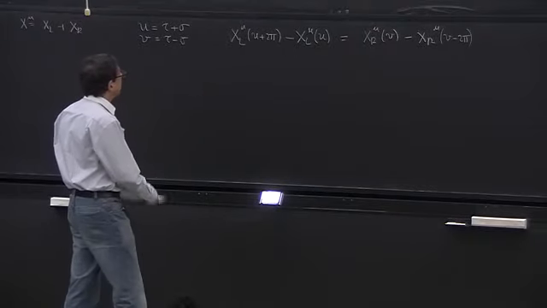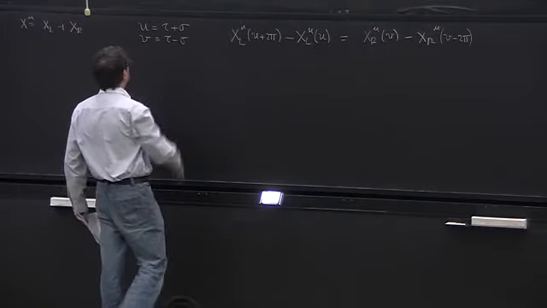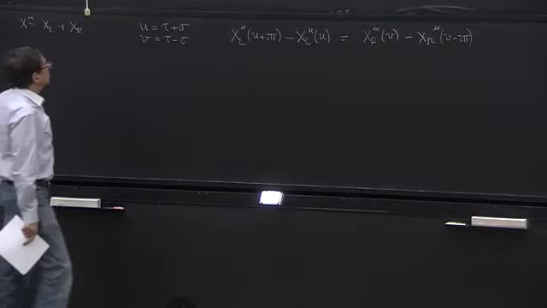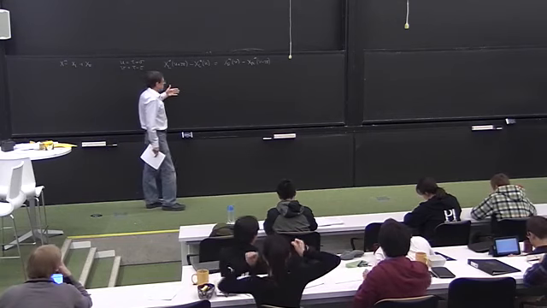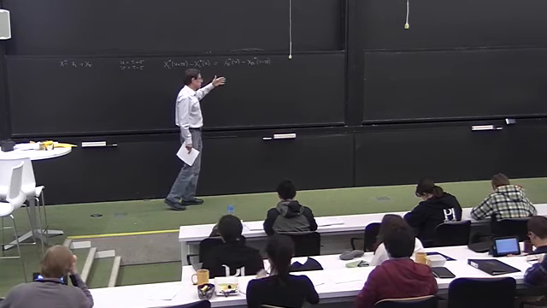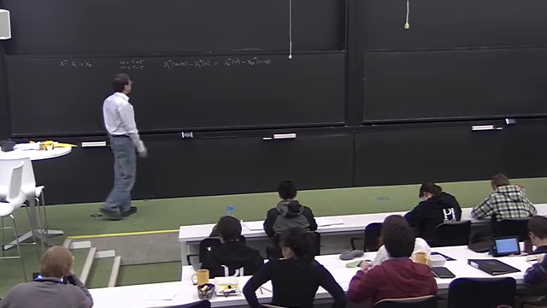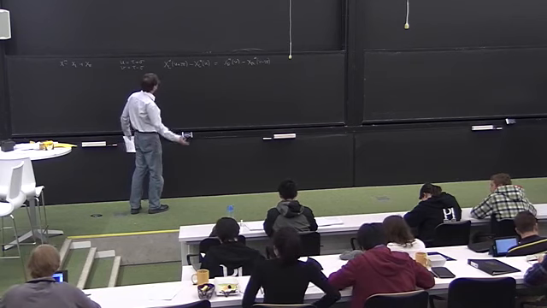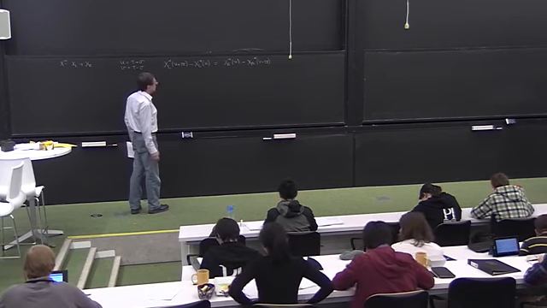Now, we also mentioned quite clearly that u and v can be thought of as independent variables, just like tau and sigma are independent variables. If you have a left-hand side, a function of x, and a right-hand side, a function of y, they're independent variables, so the left-hand side cannot have y dependence and the right-hand side cannot have x dependence. So we can take a partial derivative with respect to u.